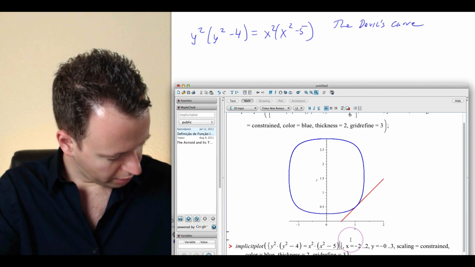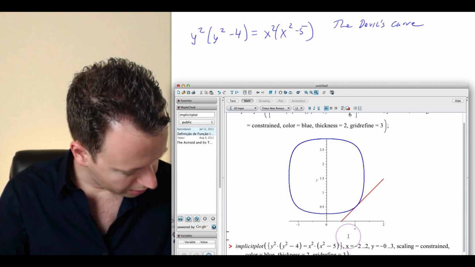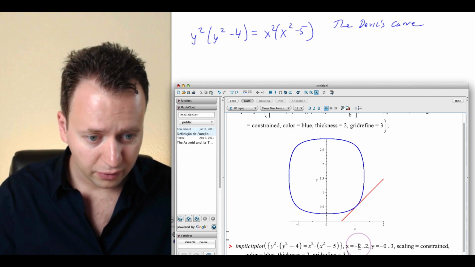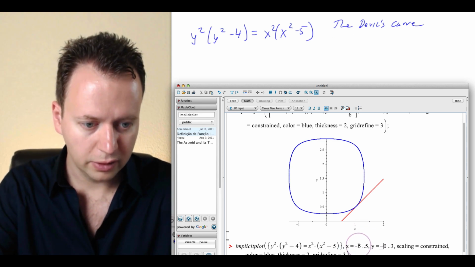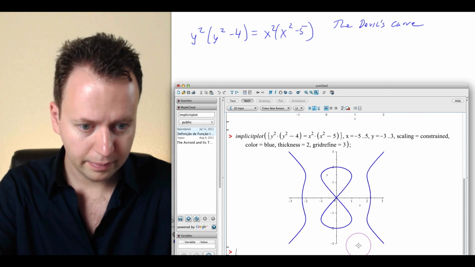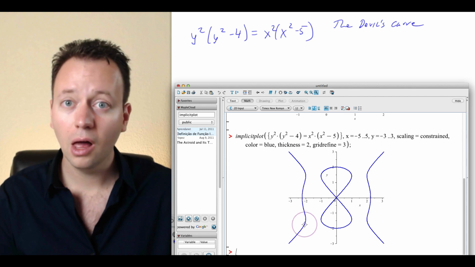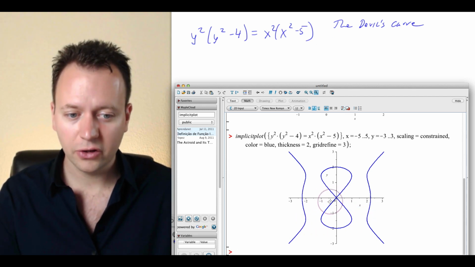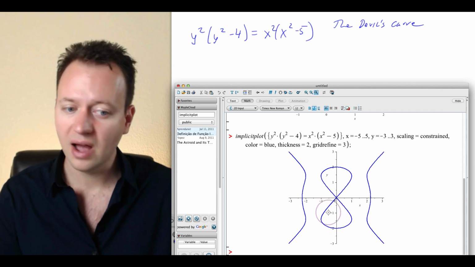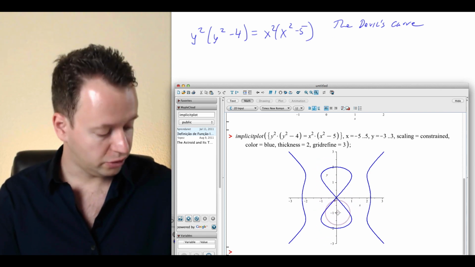And then for the window, let's go minus 5 to 5, and then minus 3 to 3. So this is the graph of this implicit function. You can see for a given x value, we actually have 4 different y values for this portion over here. So y is not a function of x.